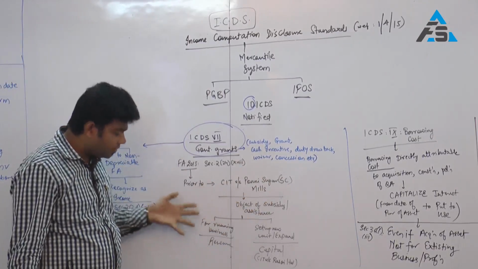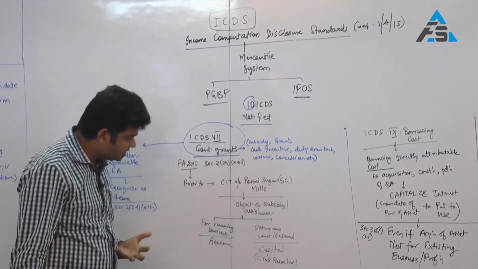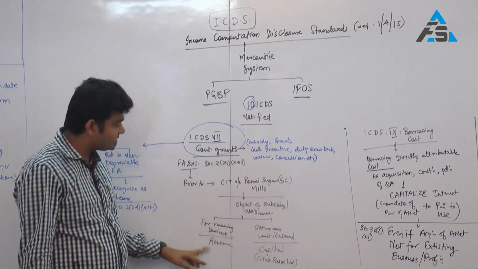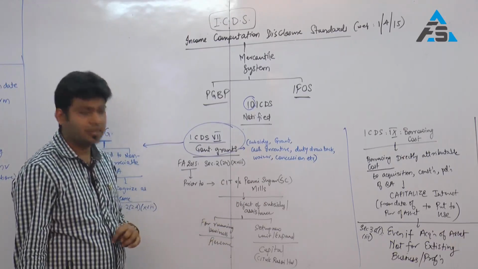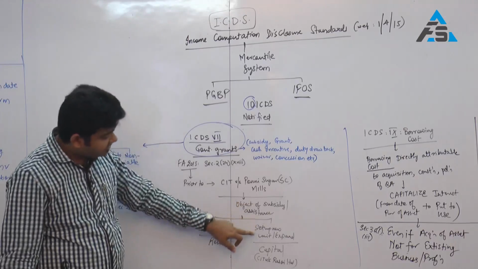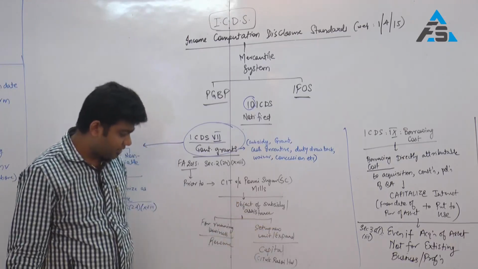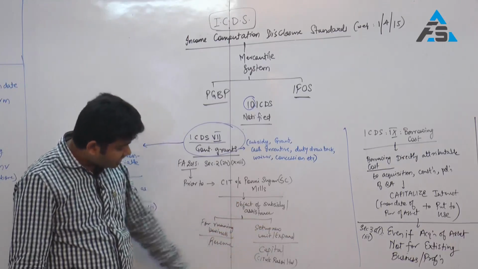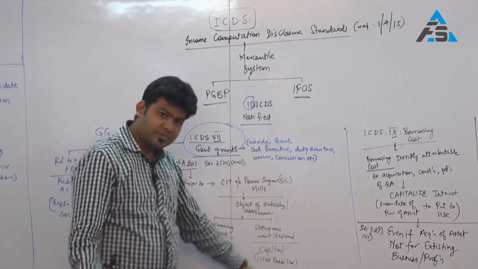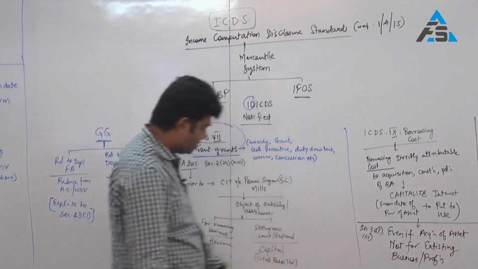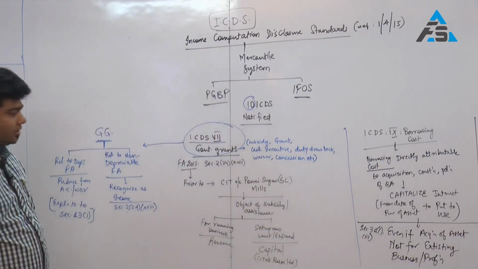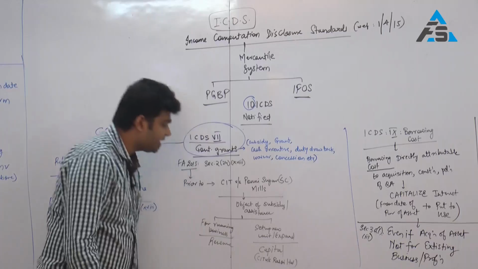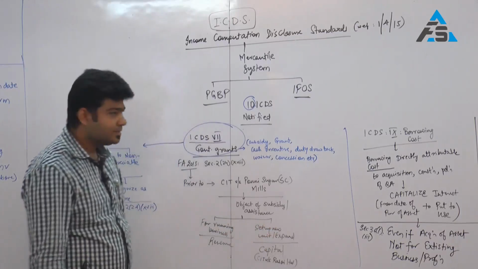Whether it is for running your day-to-day business, in which case it was treated as a revenue government grant, income. Else, if it is for setting up a new unit or expansion, then it was treated as a capital grant, as in the case of CIT versus Rasoi Limited. Kisan Sahakari Bank Limited was also one of the cases wherein this point is elaborated.